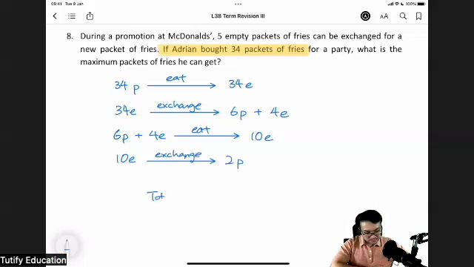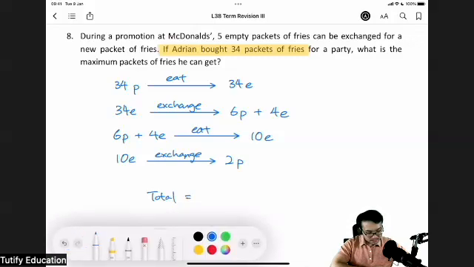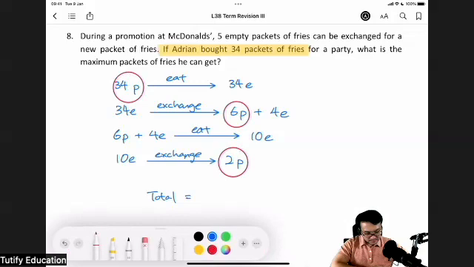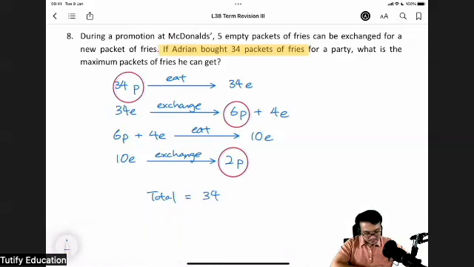So the total number of new packets that you managed to get is 2 plus 6, 8, plus 34, 42. Yes, very good. I'm close. Yes, you are very close.